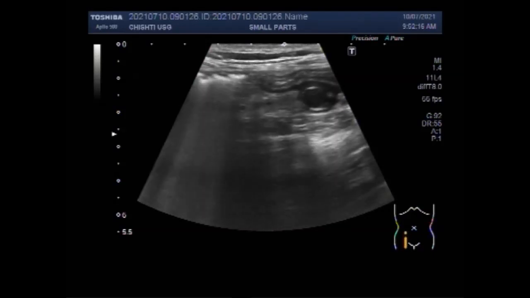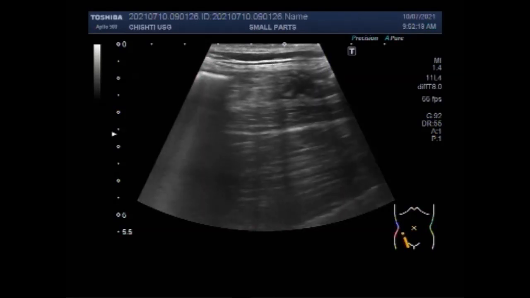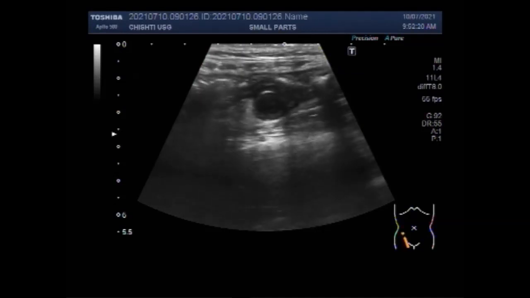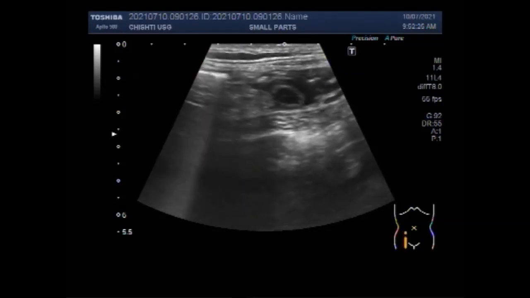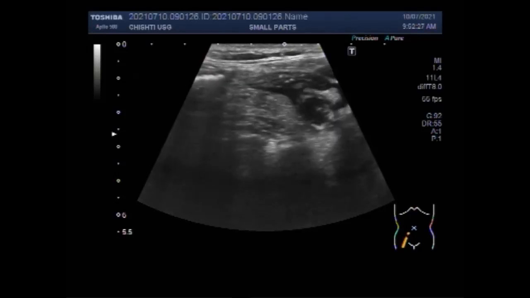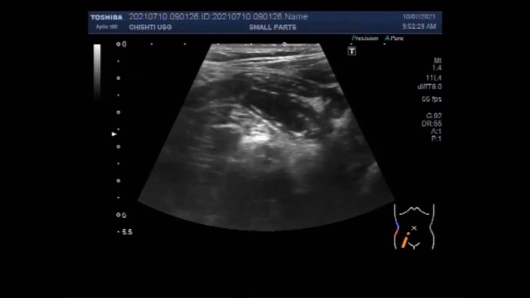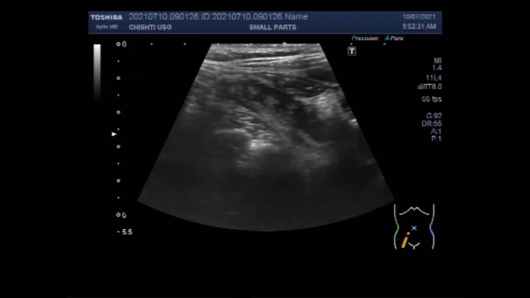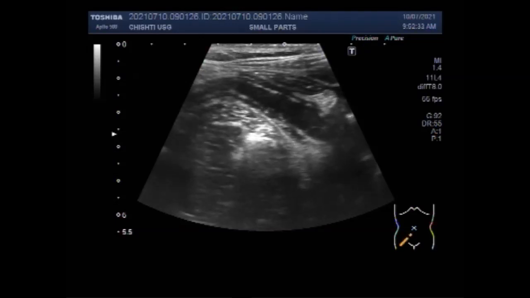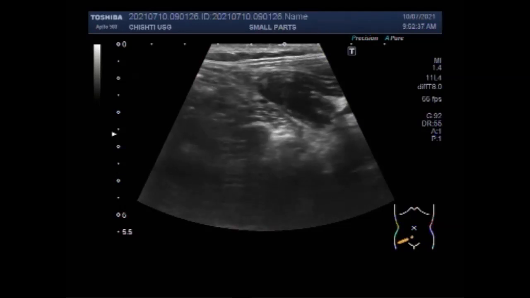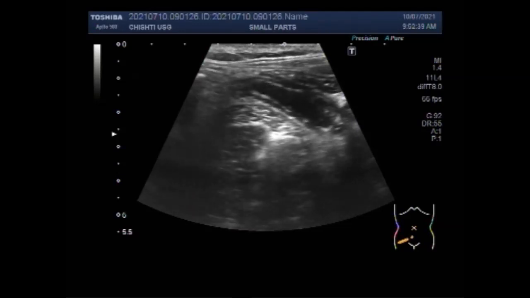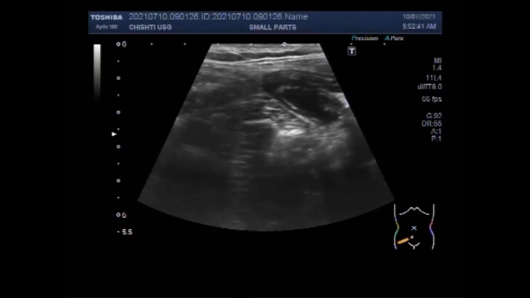The most usual sign of acute appendicitis on ultrasonography is an outer appendiceal diameter of 6 mm or greater on cross section. Depending on the technique used, the diagnostic accuracy of the CT scan in acute appendicitis ranges from 93% to 98%.